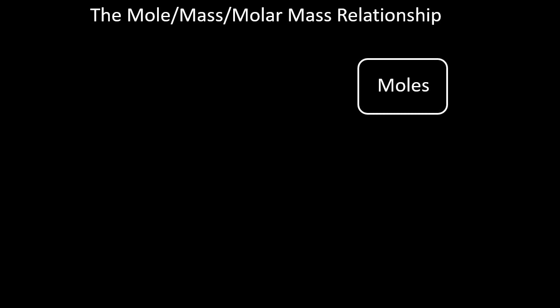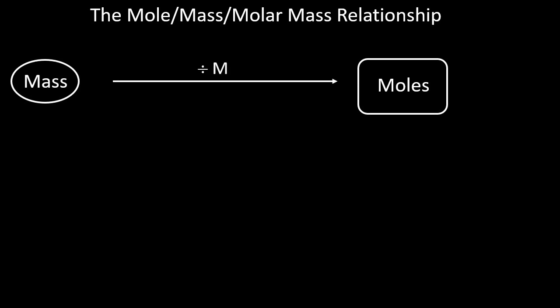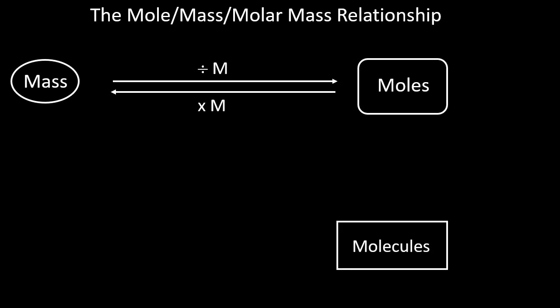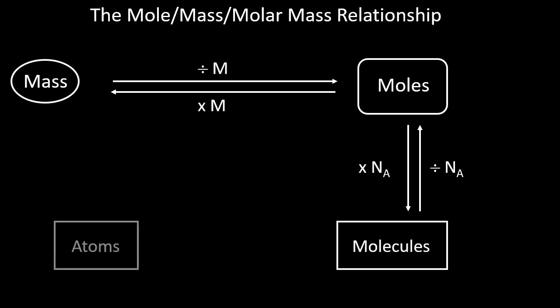Actually, just before we do that, let's go and review some of this. So here's the relationship between mass and moles. If we go from mass to moles, we divide by the molar mass. Going back the other way, we multiply by the molar mass. We have to go through moles for these conversions. So molecules to moles, we use Avogadro's number. For atoms to molecules, it's just a matter of counting.